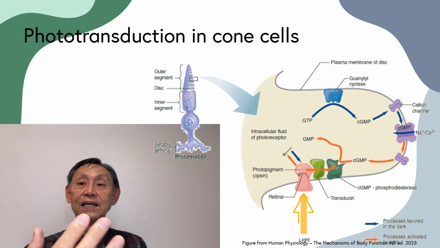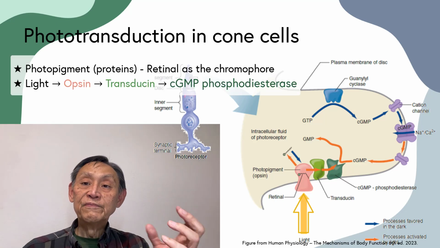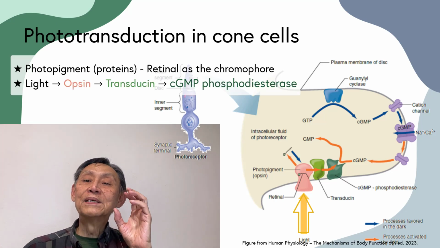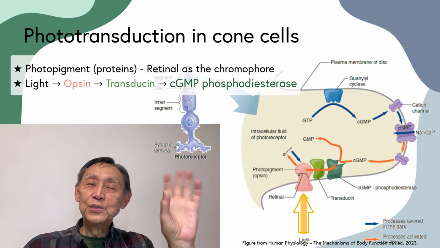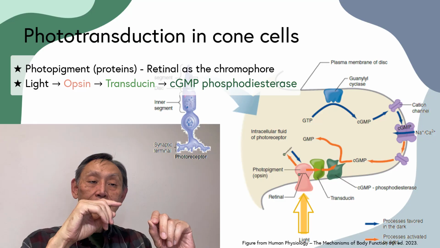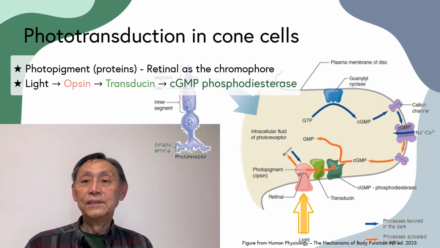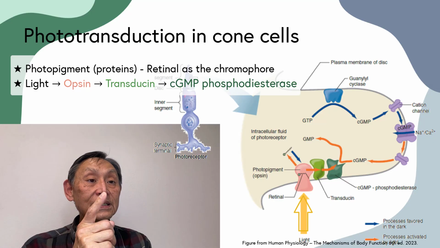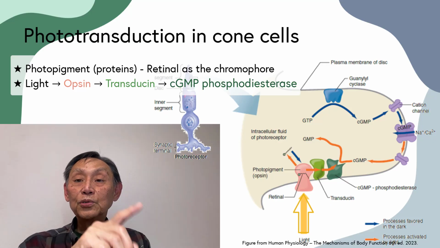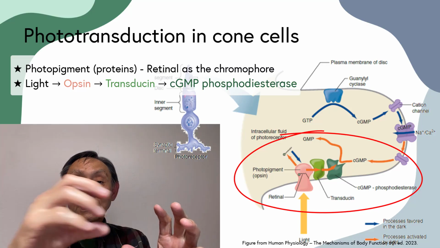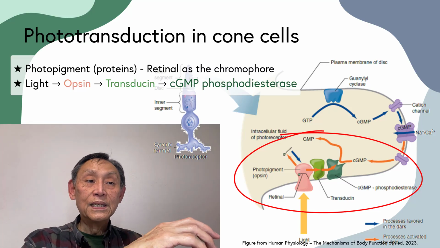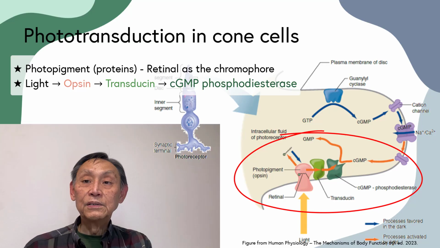When light comes in, it hits a special photopigment. The photopigment determines which wavelengths this photoreceptor cell is sensitive to. There's a molecule called retinol. When the light hits the photopigment, it goes through a G-protein process with several subunits. One is called opsin and the other is called transducin.